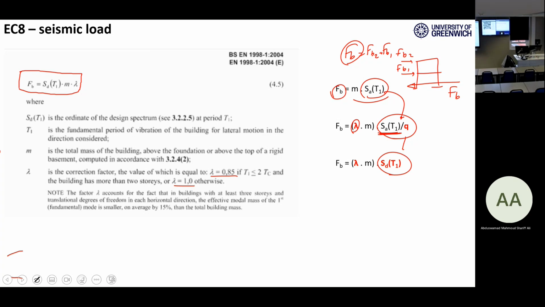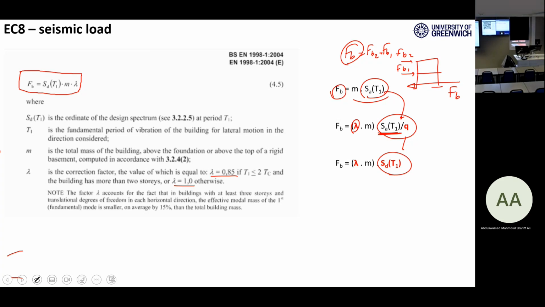So we need to take the soil effect into account in this spectral acceleration as well. That's why the Eurocode 8 has prepared some prescription for designers to consider the soil type and also some other factors inside this spectral acceleration term in the formula.